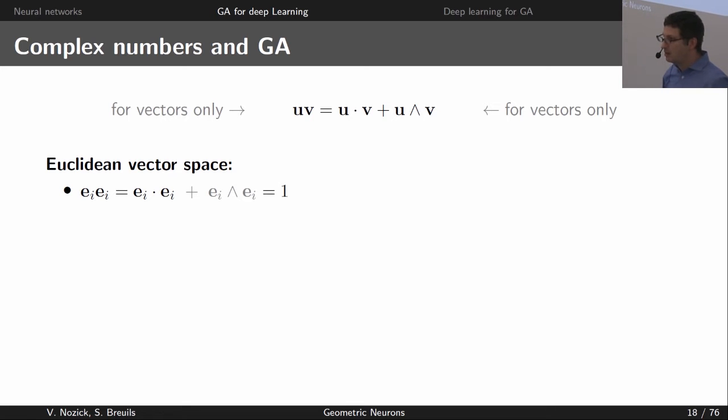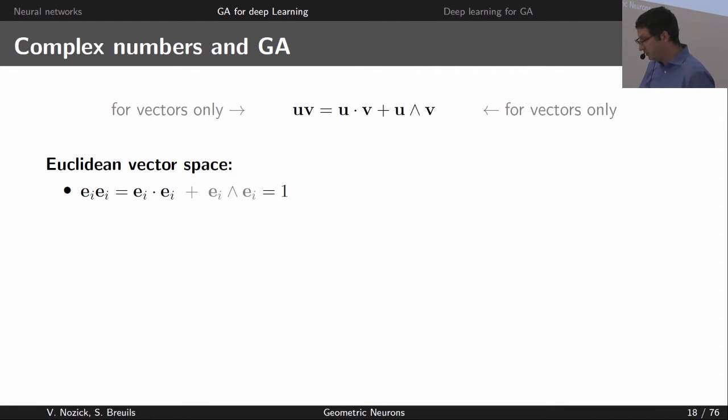Now the very interesting part is if we start with a Euclidean vector space, I mean an orthonormal basis. If you take the same basis vector twice, e_i e_i, we just decompose into inner and outer. The outer will make 0, this is one of the rules of the outer product, and the inner product will make 1 because this is a Euclidean vector space.